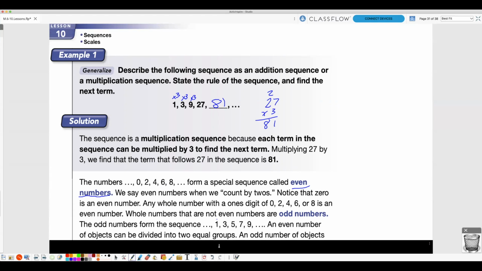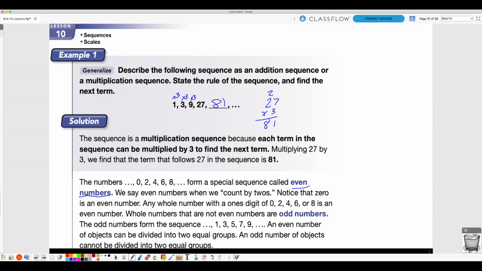An even number of objects can be divided into two equal groups. An odd number of objects cannot be divided into two equal groups. So anytime you have an even number of objects, it can be divided into two equal groups. Odd numbers of objects cannot be divided into two equal groups. Here's an odd number.